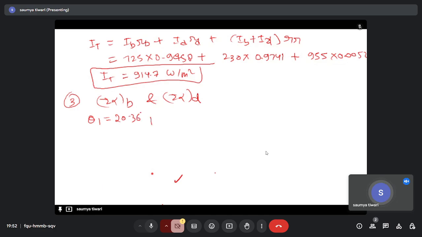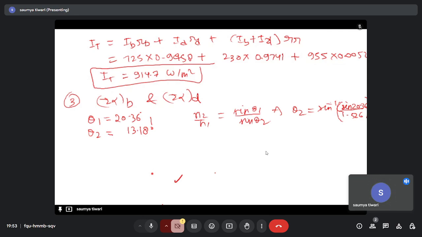The angle of refraction we can calculate using Snell's formula. n2 by n1 was sine theta 1 by sine theta 2, right? So from here we can calculate theta 2, which will be sine inverse of sine 20.36 divided by the refractive index 1.526. So your theta 2 value, after solving, will come to be 13.18 degrees.